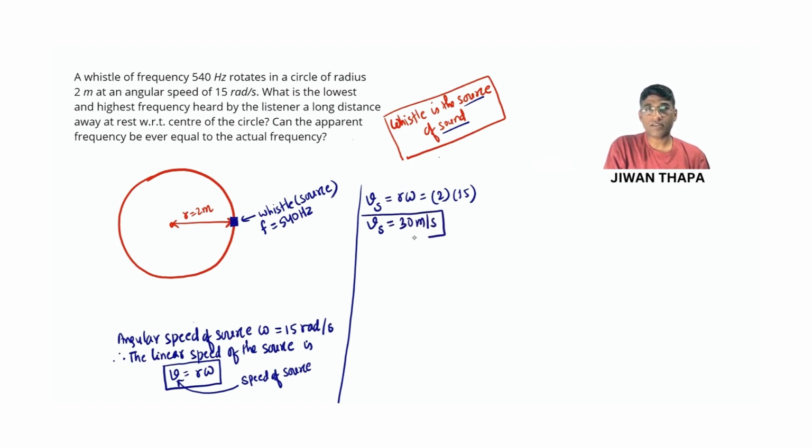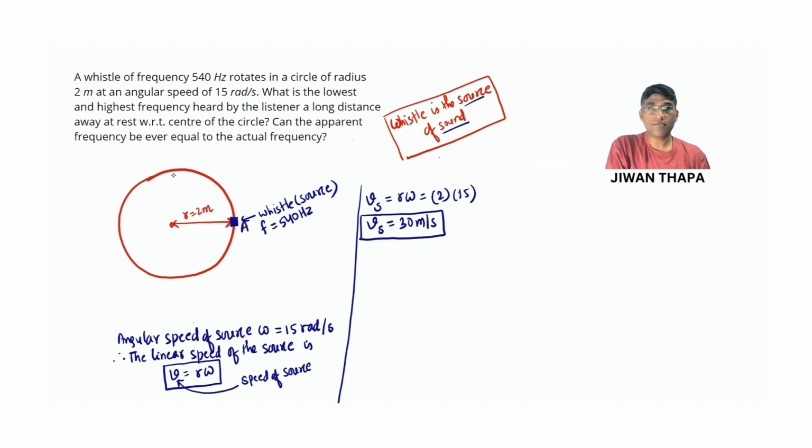Now, what we know is that in case of circular motion, the direction of velocity on the circular path is given by drawing the tangent. So let's take 4 different points on this circular path.